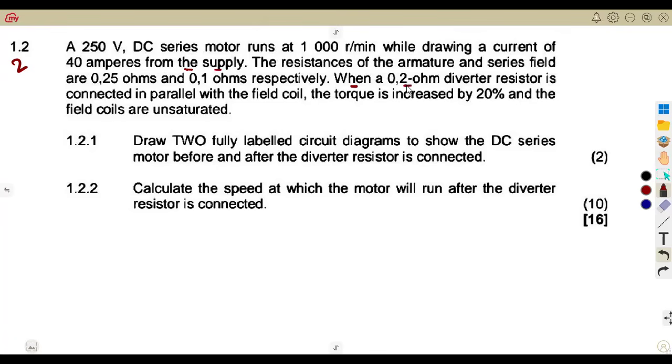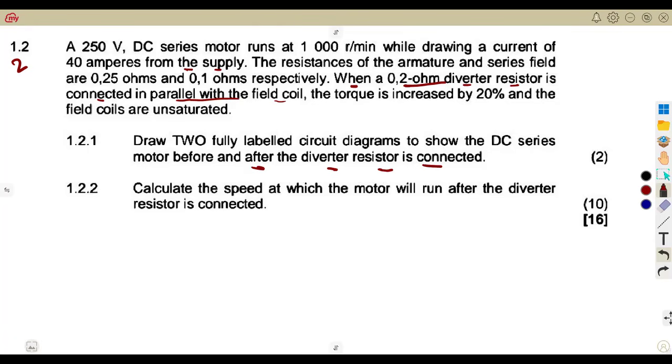When a 0.2 ohm diverter resistor is connected in parallel with the field coils, the torque increases by, and the field coils are unsaturated. There, we are talking of a speed control. 1.21. Draw two fully labeled circuit diagrams to show the DC series motor before and after the diverter resistor is connected.